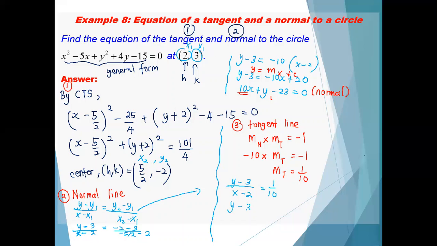So y minus 3 is equal to 1 over 10 times x minus 2. So rearrange dia akan jadi 10y minus 30 is equal to x minus 2. So x minus 10y plus 28 is equal to 0. That is the equations of a tangent.